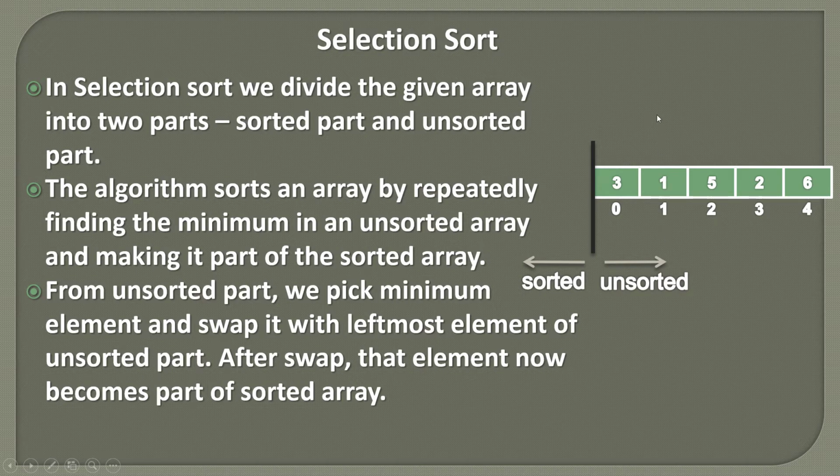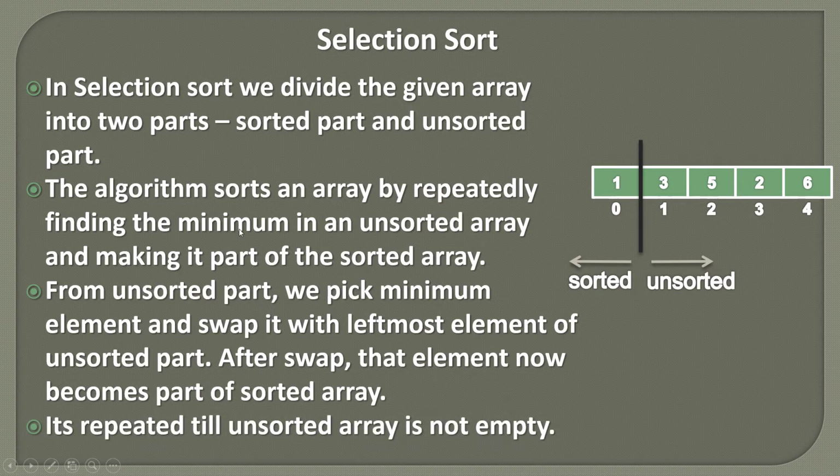So we see which is the leftmost element, which is 3 here, and we simply swap these two values. So it would look something like this. As 1 was the minimum element among all the elements, 1 is at its correct position if we sort this array completely. It simply signifies that now 1 is part of the sorted array and these 4 elements are part of the unsorted array.